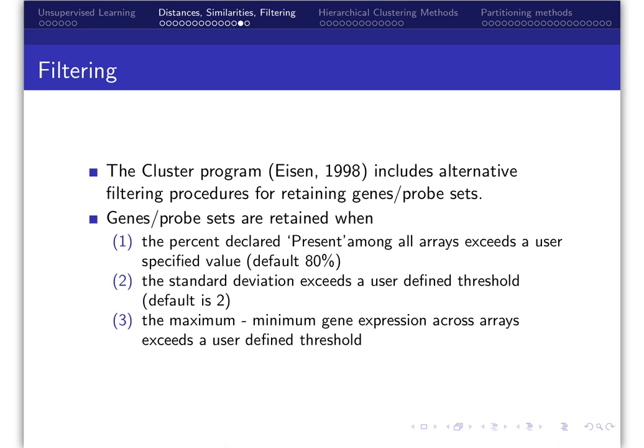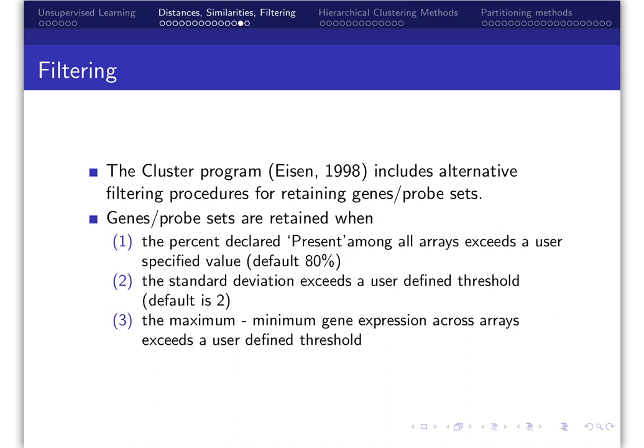Keep genes or probe sets when the percentage of genes or probe sets declared present among all arrays exceeds a user-specified value. The default was 80%. Keep genes or probe sets for which the standard deviation exceeds a user-defined threshold. The default was 2.